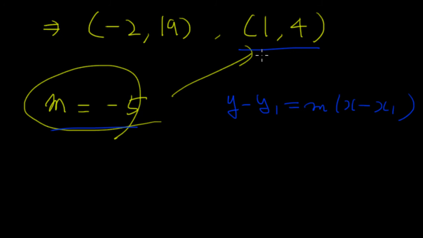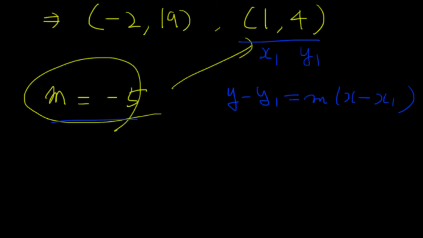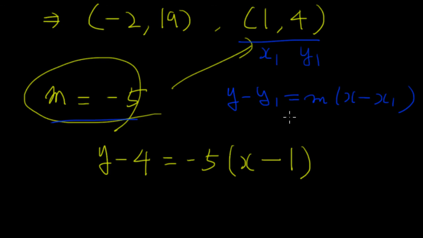So I'm saying this is my x1, this is my y1. I'm going to use this point and this slope. So y minus y1, 4, equals m, negative 5, times x minus x1, 1.